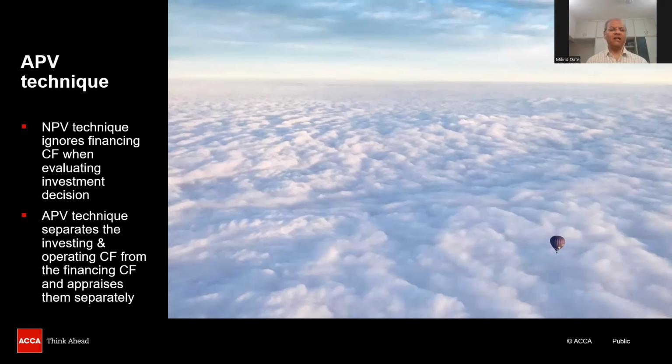Generally, what we have learned at the financial management level is that if NPV is negative, we tend to reject the project. But a project can generate additional value if it is, for example, funded through debt.